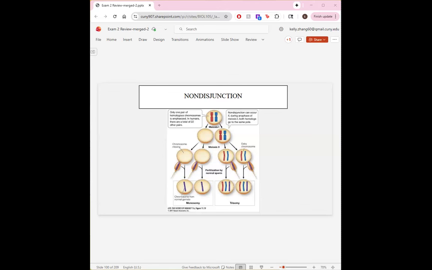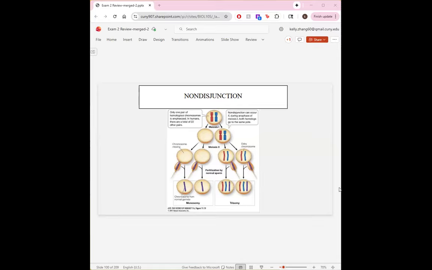So trisomies, having 3 copies, and monosomies, having 1 copy, are common in human zygotes, but we have a protection mechanism. So most trisomies and monosomies for chromosomes other than 21 are lethal, and this results in many miscarriages being due to this.